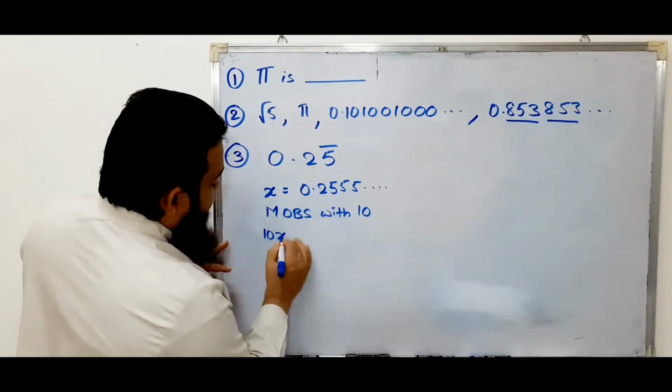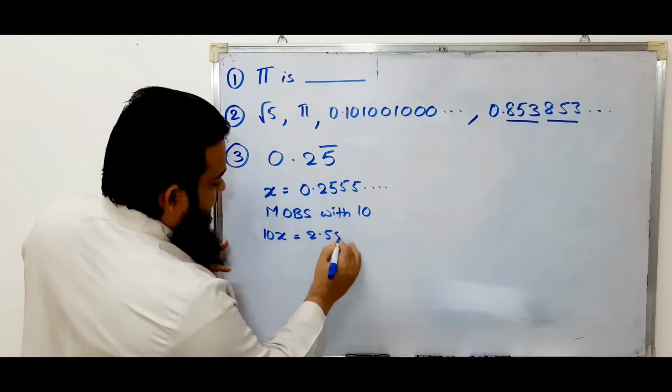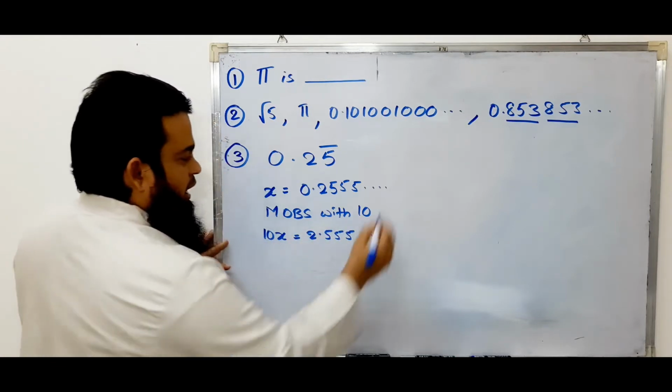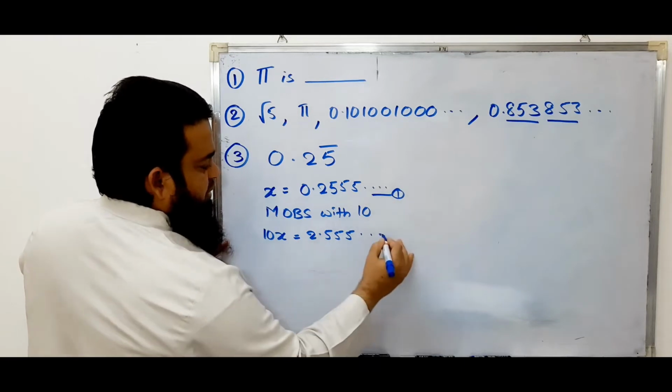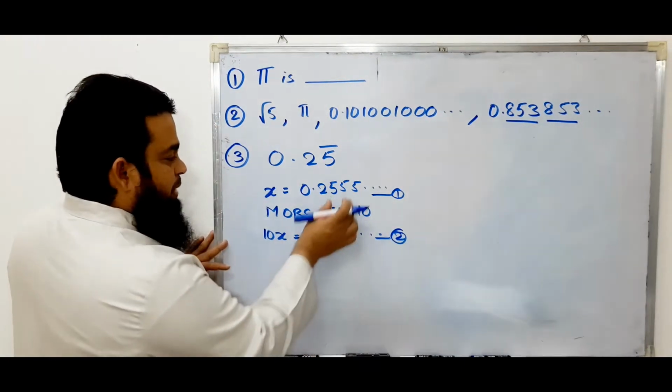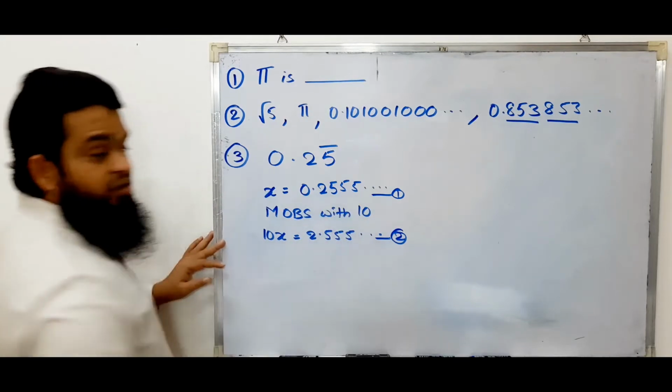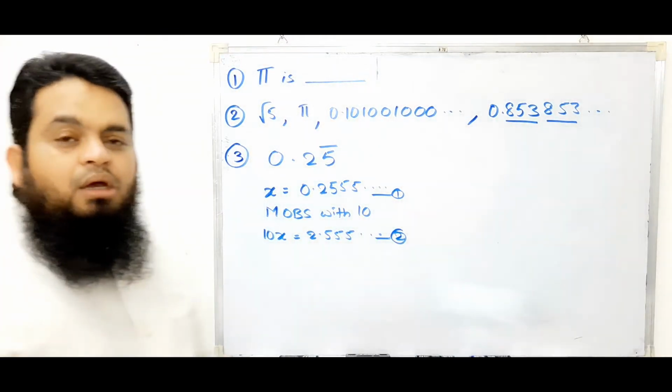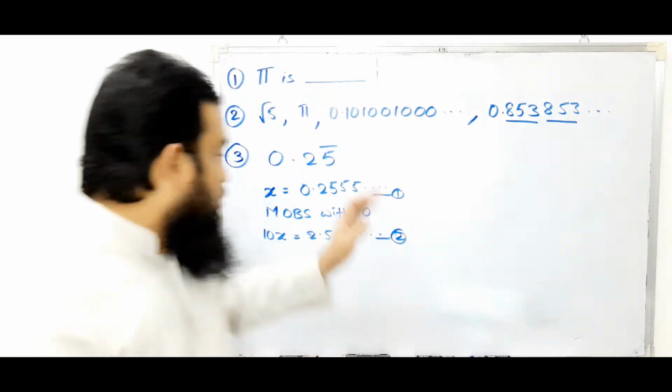So therefore 10x equals 2.555. Let us take this as first equation, this as second equation. But see here the decimal parts of the first and second equation are not equal. So we cannot remove the decimal part.